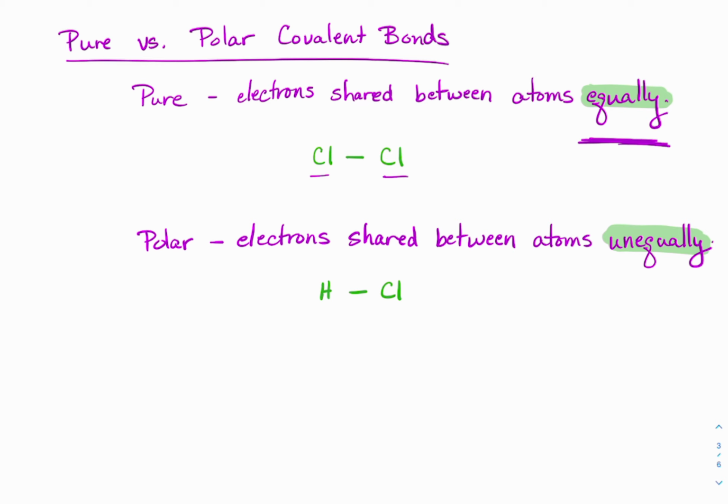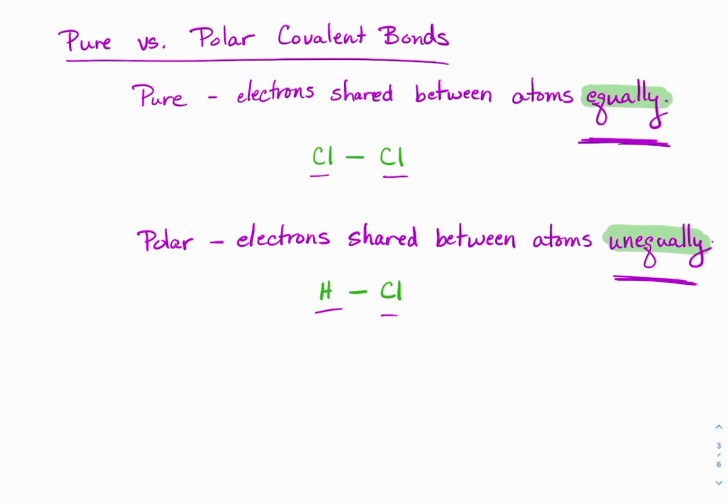A polar covalent bond, however, is still electrons being shared, but they're being shared unequally. An example of that would be the sharing of electrons between a hydrogen and a chlorine atom. So how do you know by just looking at atoms or a covalent bond whether something is pure or polar?